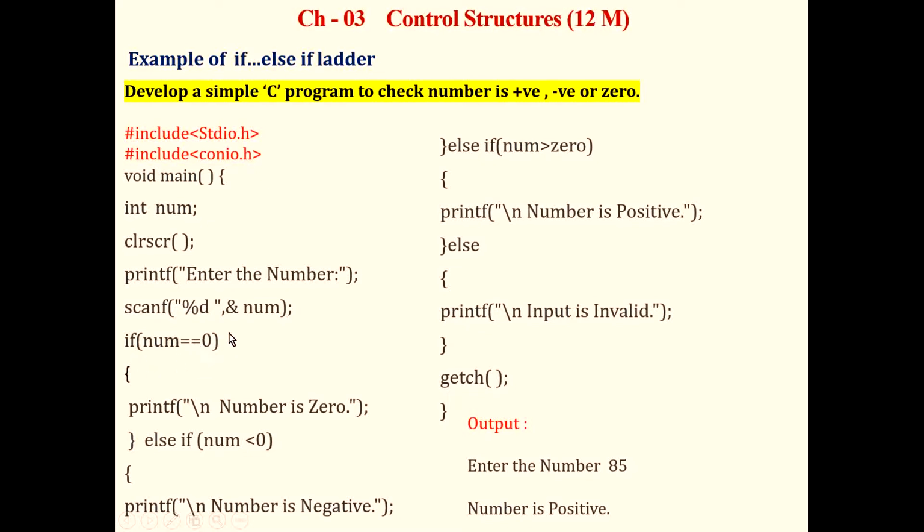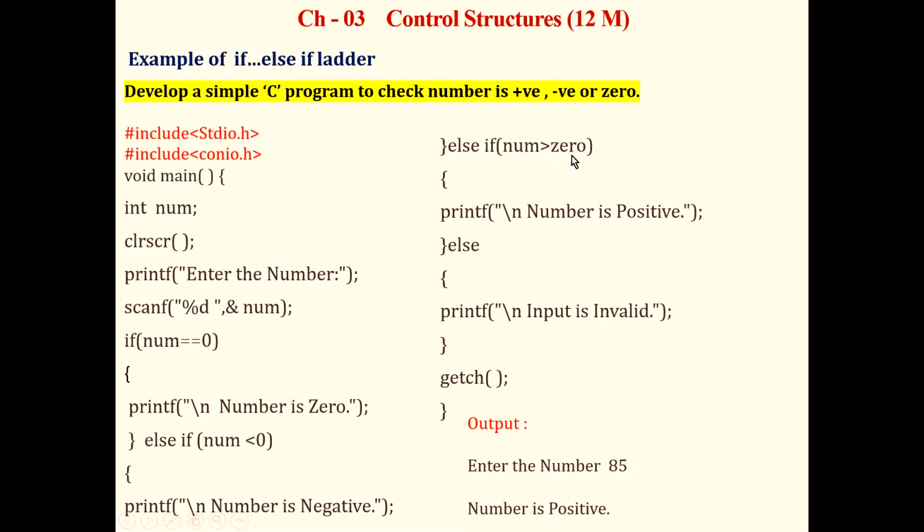Then here we check the first condition, if number is equal to 0. If this condition is true, then it displays number is 0. If the first condition is false, then it checks the second condition, number is less than 0. If the second condition is true, then it displays the message number is negative. Then we check the third condition. If the first and second conditions are false, then it checks the third condition, number is greater than 0.